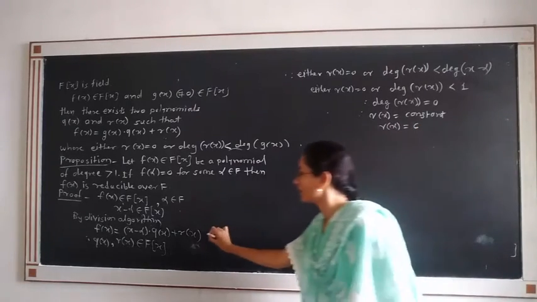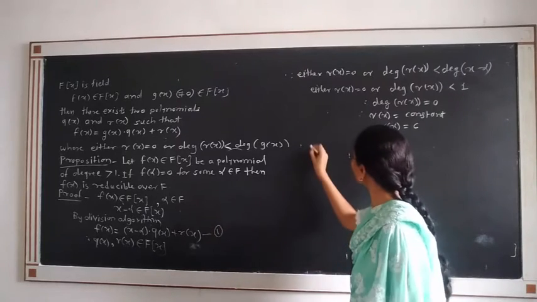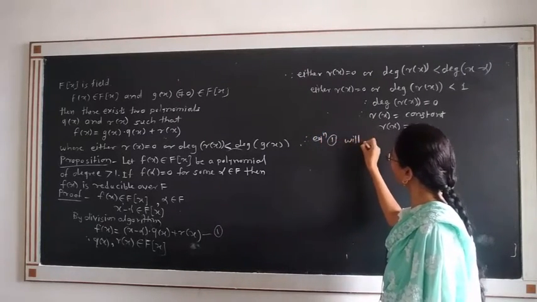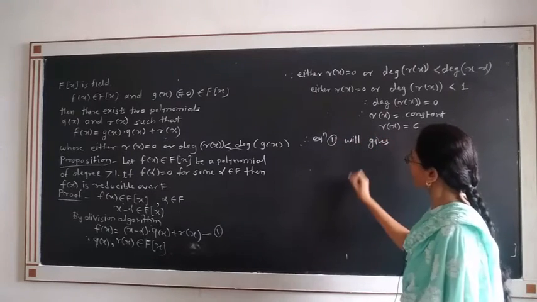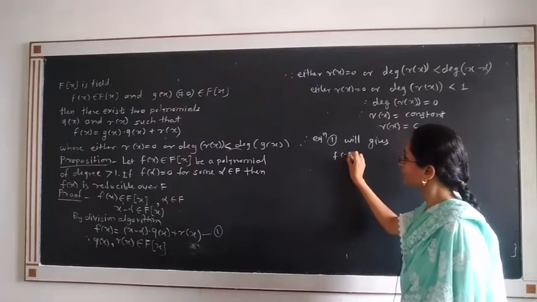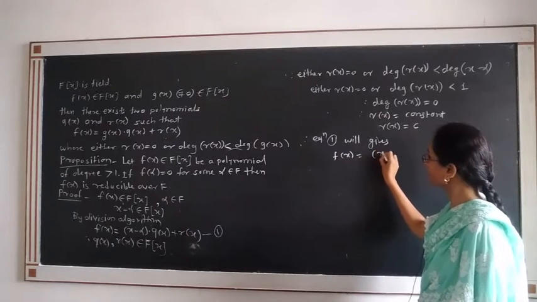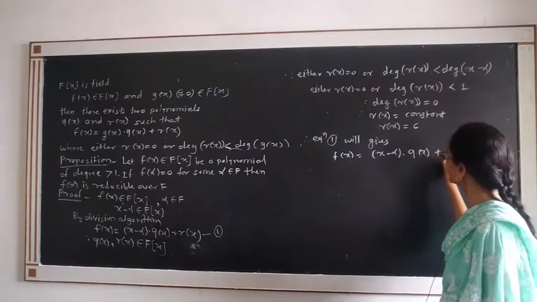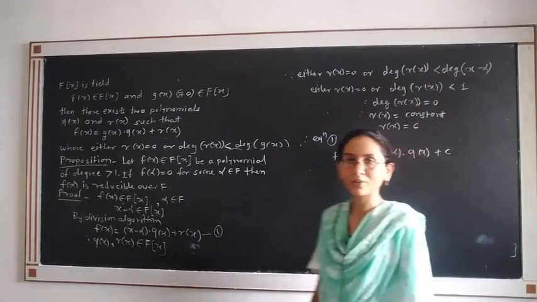Now call this equation number 1. Therefore, equation 1 will give f(x) is equal to x minus alpha into q(x) plus c, where c is a constant number.